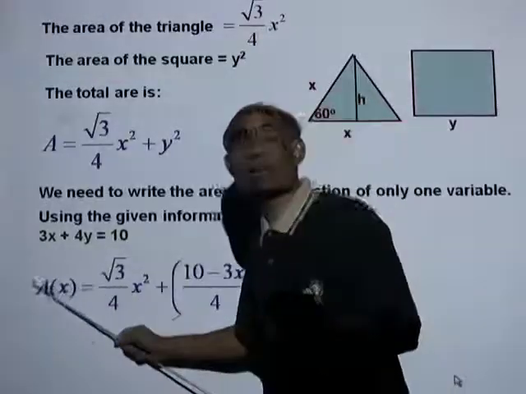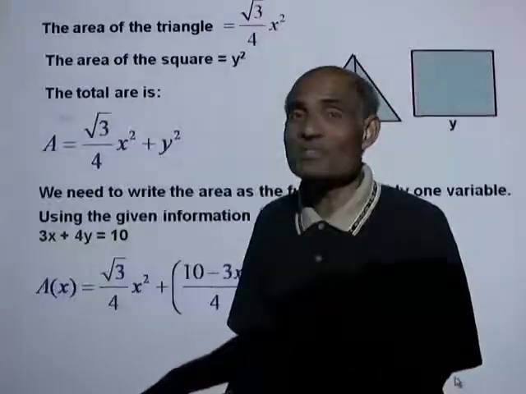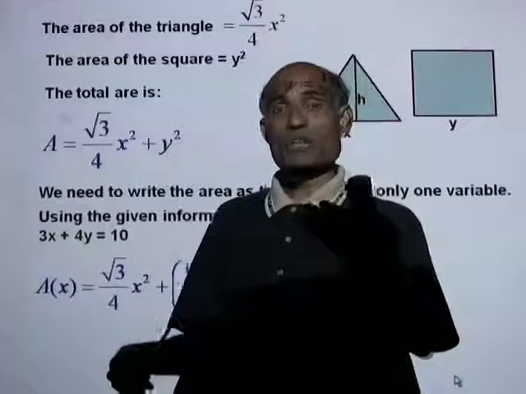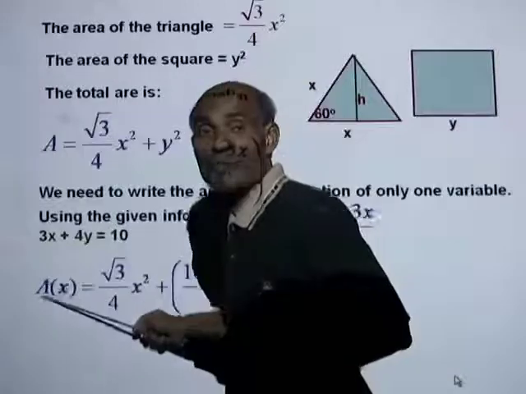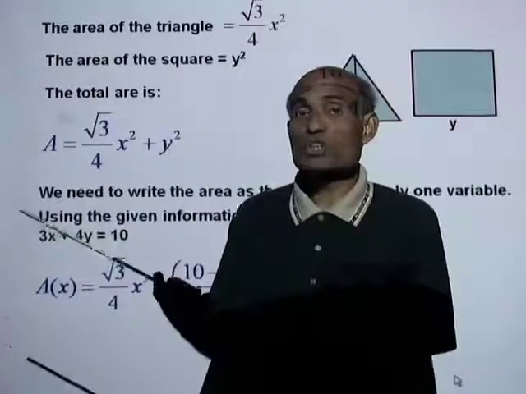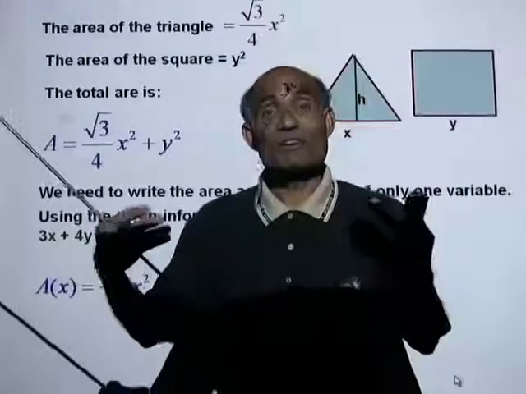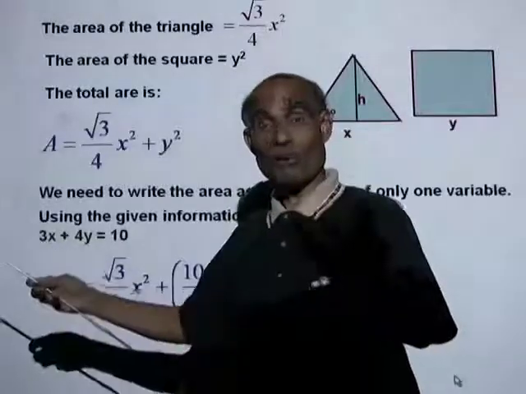You need to set up a function. How do you know what function you are going to set up? If you are told to find the condition for maximum area, you've got to set up a function for the area. If you want to find the condition for maximum profit, you need to write a function for the profit, an equation for the profit.